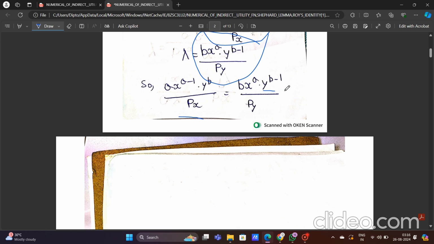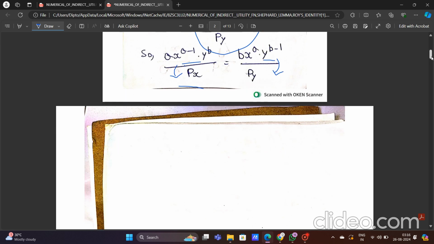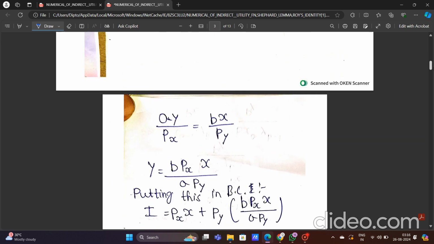In this part, x to the power minus 1 can be taken on the denominator and written as x to the power plus 1. Similarly, y to the power minus 1 can also be taken into the denominator and written as y to the power plus 1. So by modifying it in this way, we find the expression a into y by px and b into x by py.